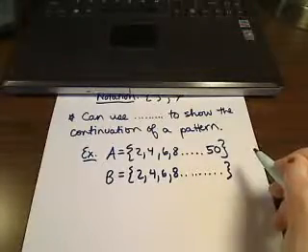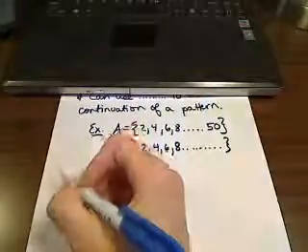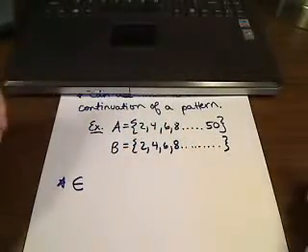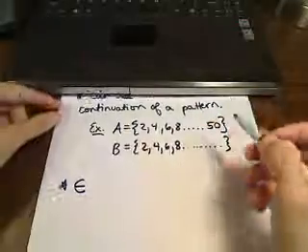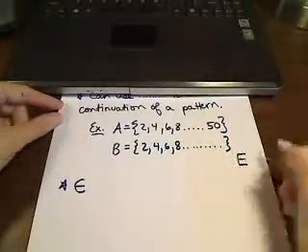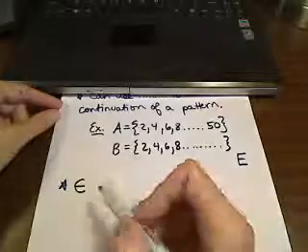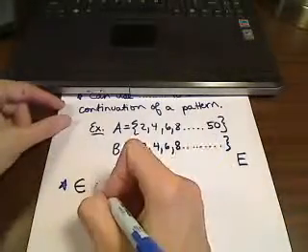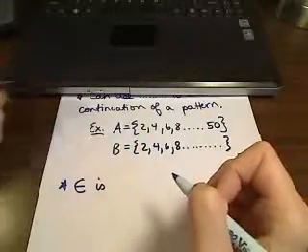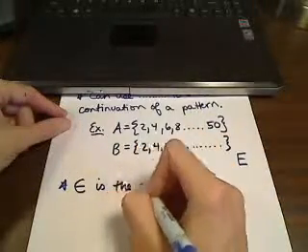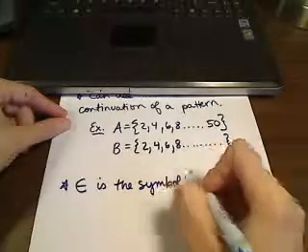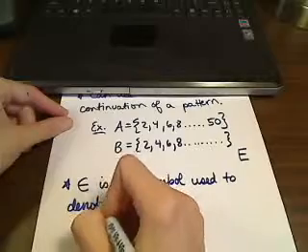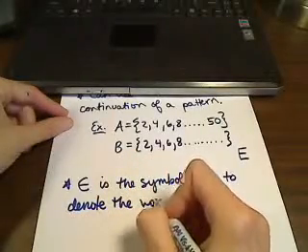Okay. All right, another symbol that we use is this symbol right here. It looks like an E, but it's kind of curved. A regular E in our alphabet looks like that. This E is curved around the ends. Okay. And this is the symbol used to denote the word element.